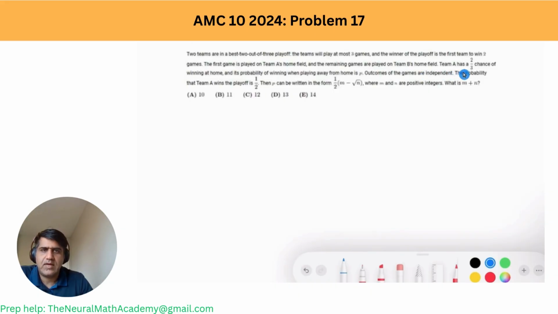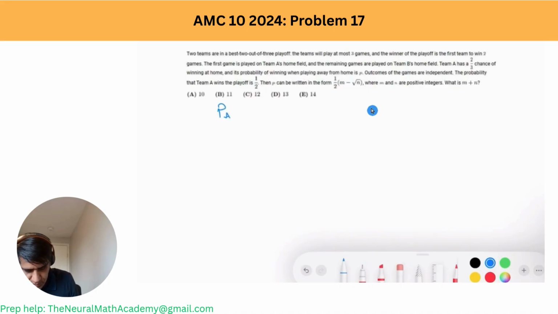Team A has 2 by 3 chance of winning at home, and its probability of winning when playing away from home is P. Outcomes of the game are independent. The probability that Team A wins the playoff is 1 by 2. So we are given the total probability as well, and we have to find what is m plus n from this expression.